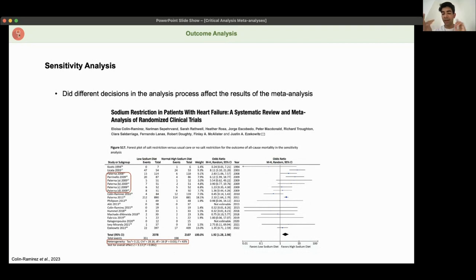So that's making me think, okay, could this study have influenced the results very strongly as well? Because it's such a massive study, it would be very highly weighted. It provides 18.1% of the results here. Would excluding that study have had any impact on the overall result? And I think it could have actually pushed favor to a low sodium diet.